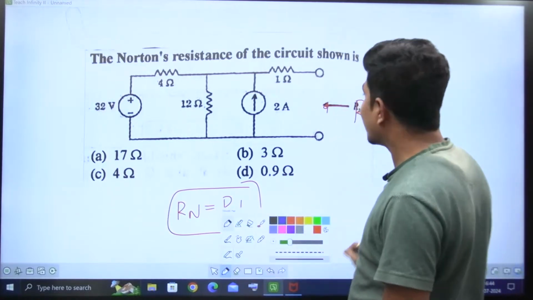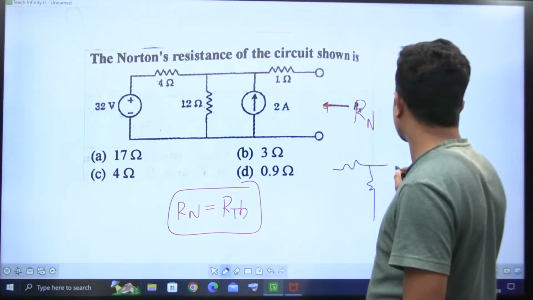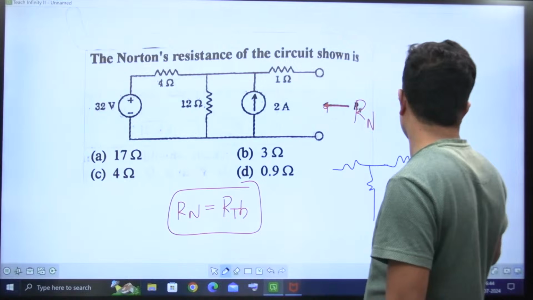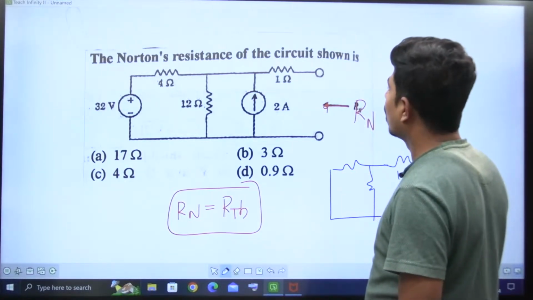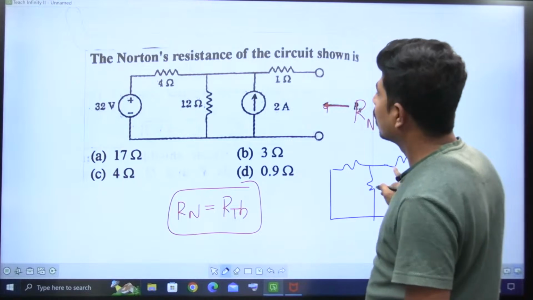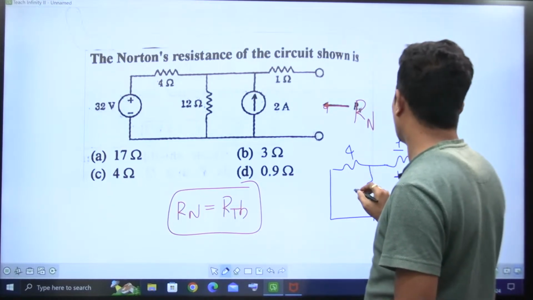Then in the equivalent circuit you get this 4 ohms, this 12 ohms, and this is A, this is B. No, it is 1 ohm, sorry, not 12. This is 1 ohm, this is 4 ohm, this is 12.